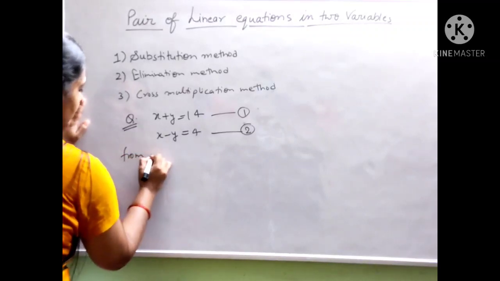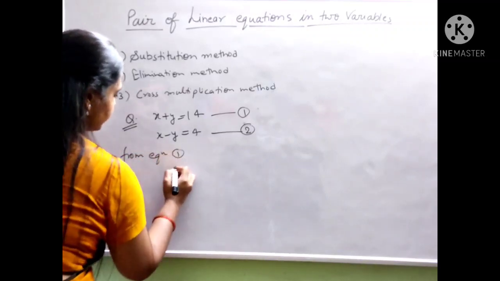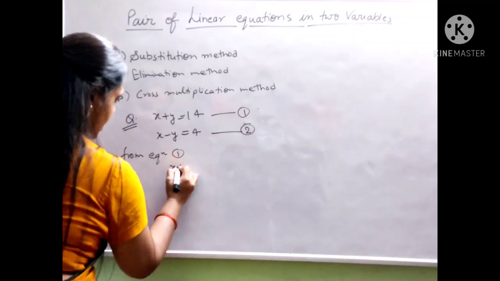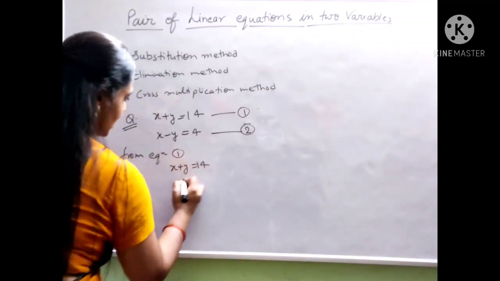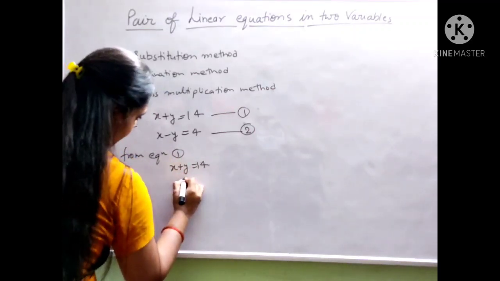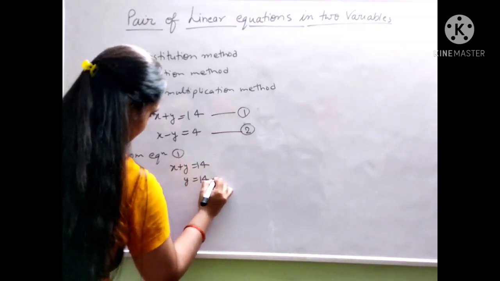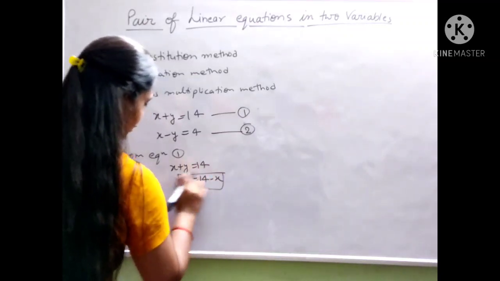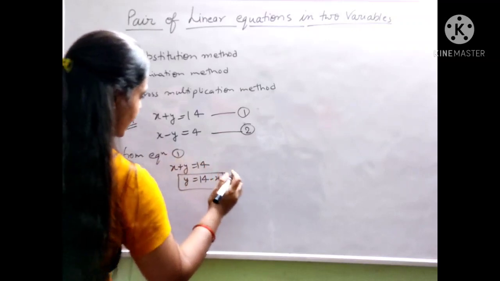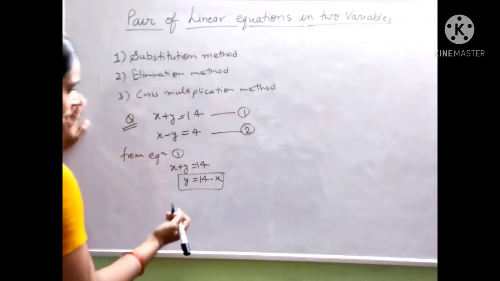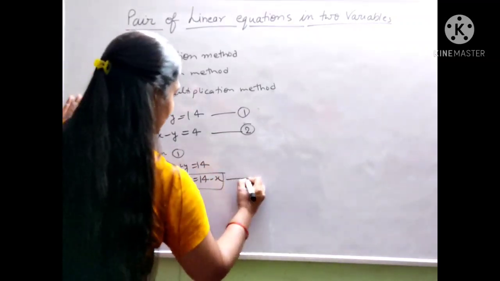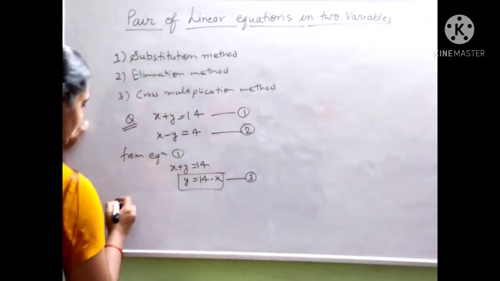From equation 1, x plus y is equal to 14, we get the value of y is equal to 14 minus x. On taking x to the right hand side, we get the value of y in terms of x. Consider as equation 3.